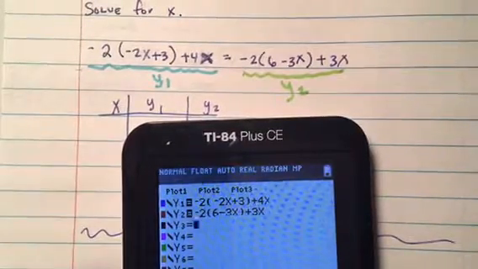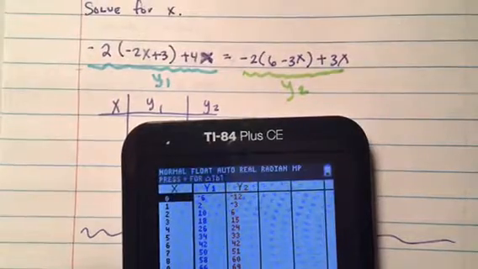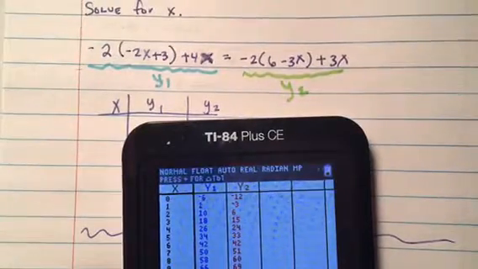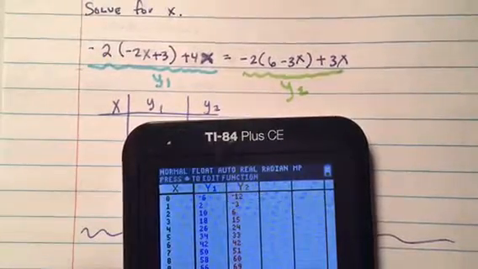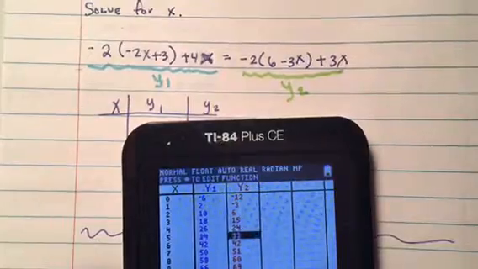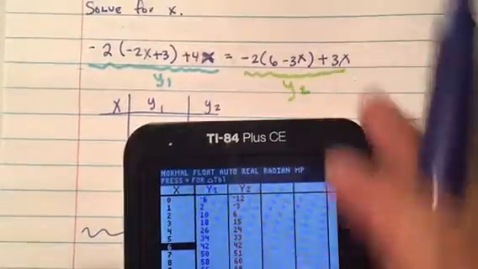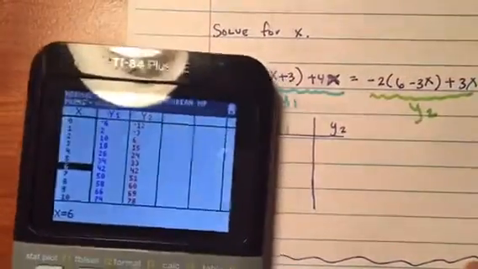Alright, so now what we need to look for in the calculator is where these two numbers match. I'm looking for where the red and blue meet. I wrote a table on the side so that we can write this down.